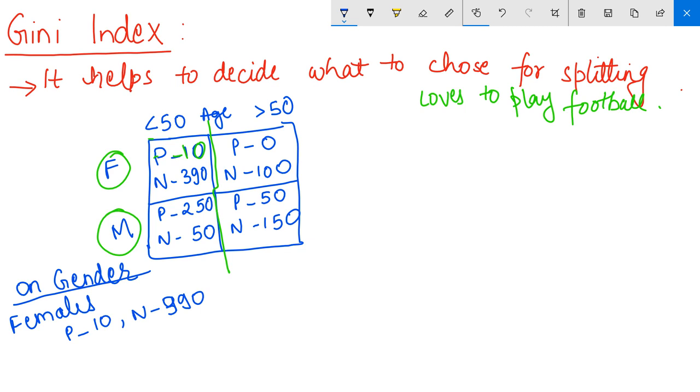No, no, yeah, it's 490, sorry. Yes, because if we are taking the basis of gender, we take the entire thing, not age. On age, we will take this part only. So 490 don't play. So in total we will have 500.